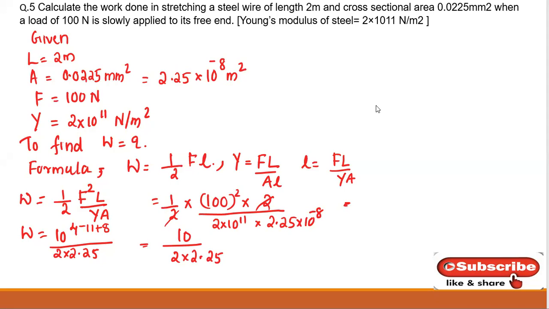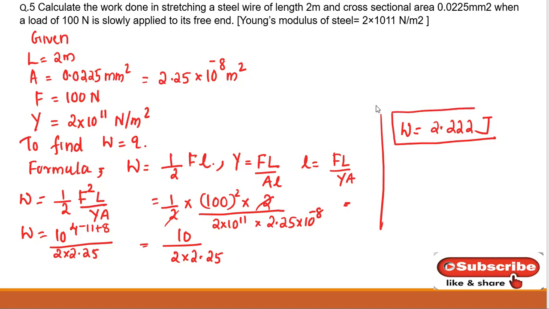Okay, 10 divided by 4.5 is, we will get W is equal to 2.222 joules. This is the work done in stretching the steel wire. Okay, I hope you all understood this solution. Let us solve the next question.